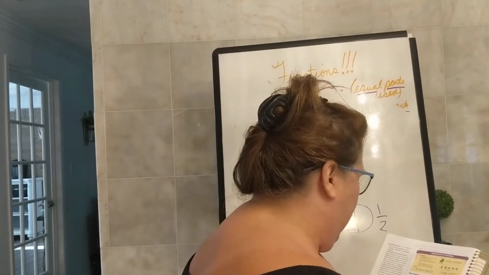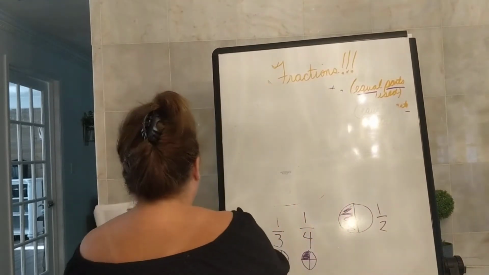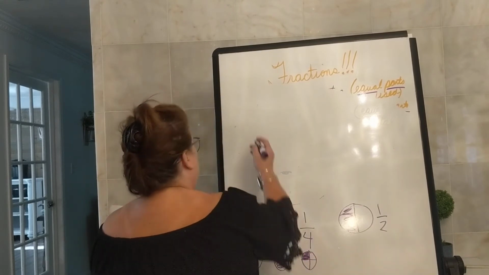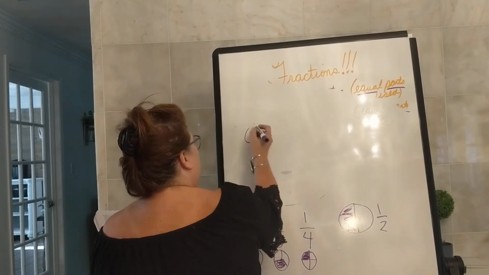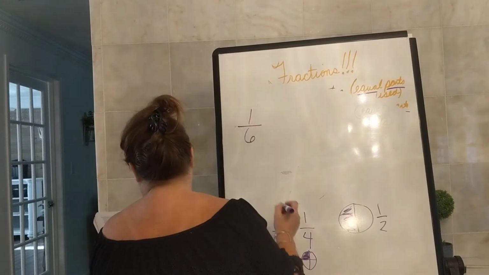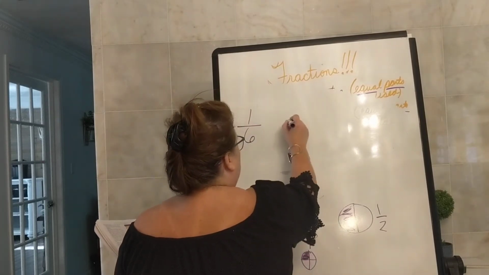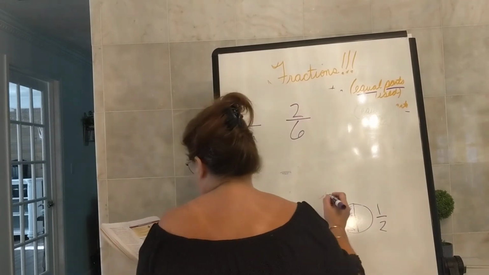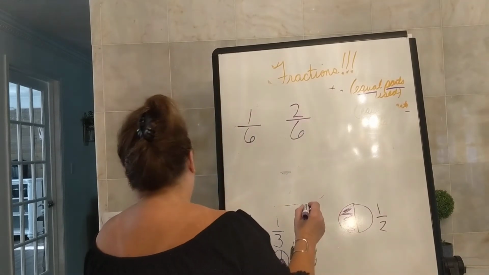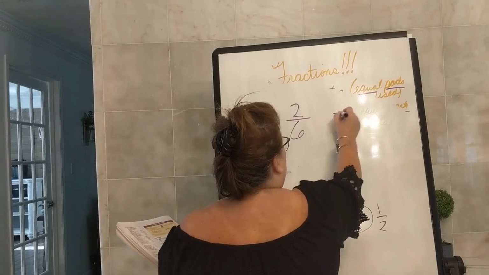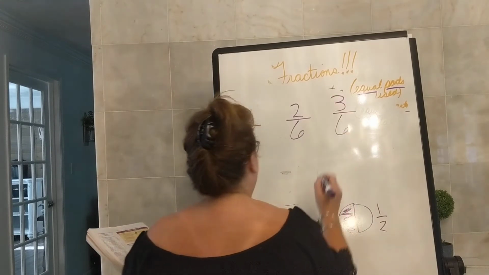Her first pie, she cut into 6 pieces, and she gave 1 piece away. Her second pie, she cut into 6 pieces, and she gave 2 of them away. Her next pie, she cut into 6 pieces, and she gave 3 pieces away.